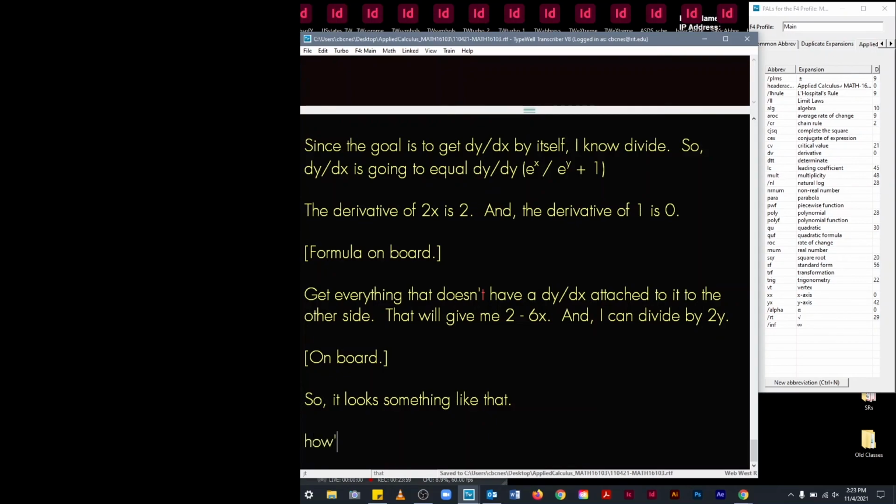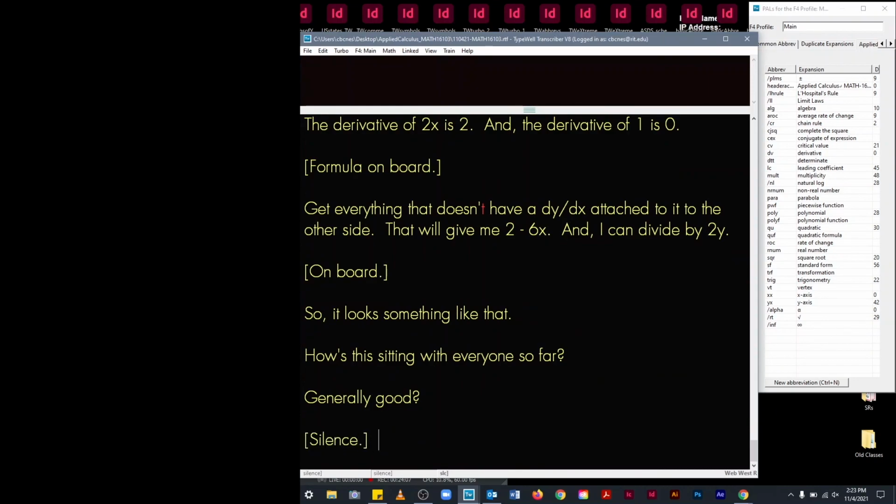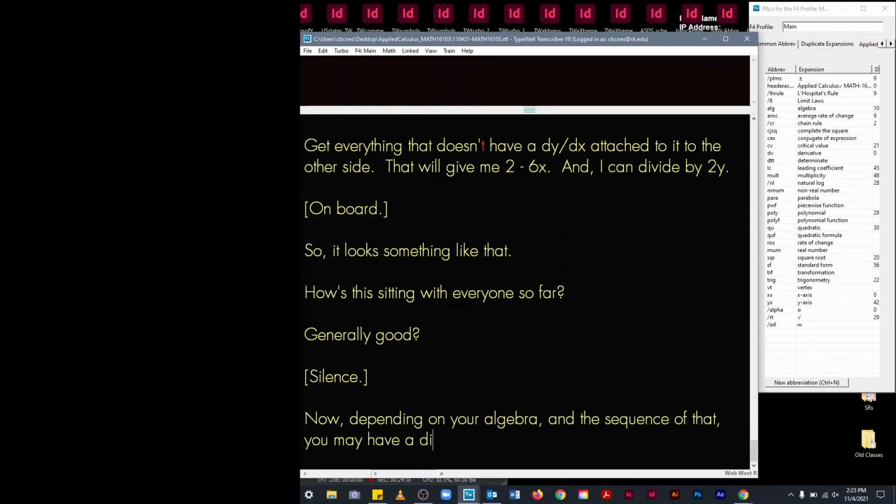How's it sitting with everybody so far? Generally good? Now, depending on your algebra and the sequence of your algebra, you may have a different looking answer.